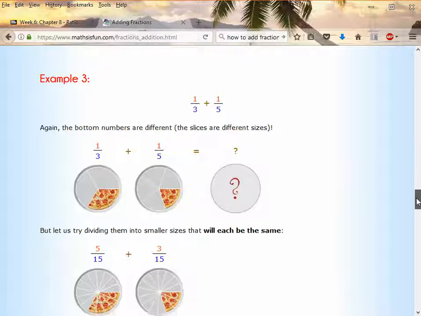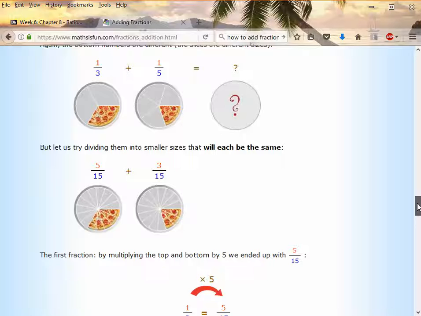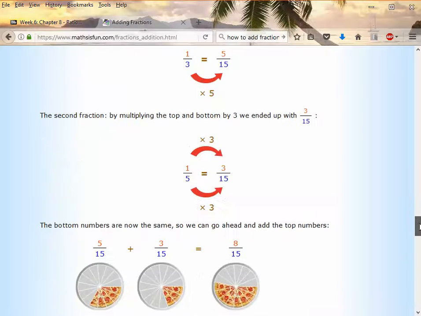If they don't have any common factors, then you can multiply them by each other to get a common denominator. Once you rewrite both of them with a common denominator, remember you just add the numerators. You never add the denominators. So you get 8/15 for an answer.